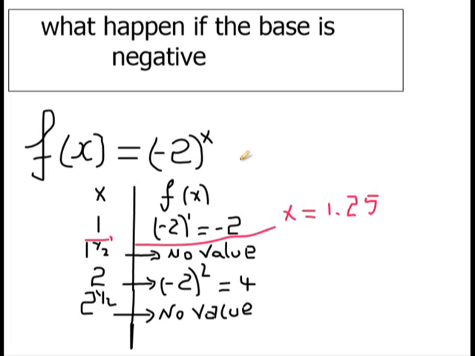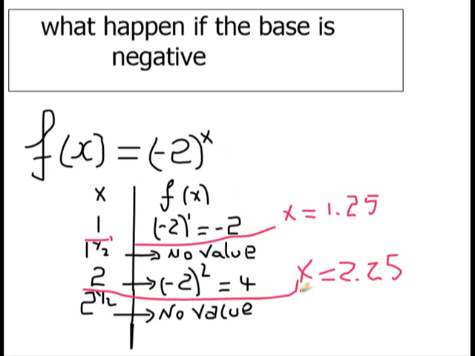Try -2 to the power of 1.25. If you do it, no value. You can also try a value before 2.5, let's say x equal 2.25. Try it: -2 to the power of 2.25.